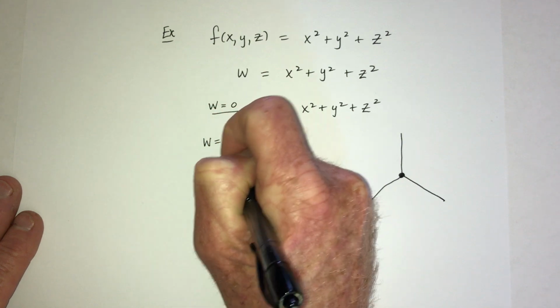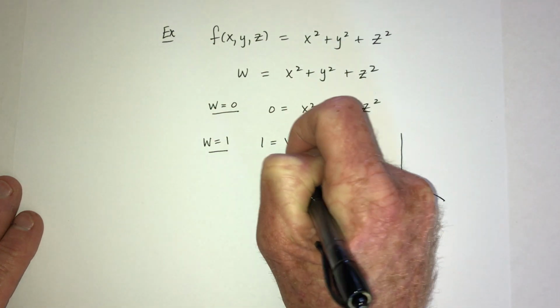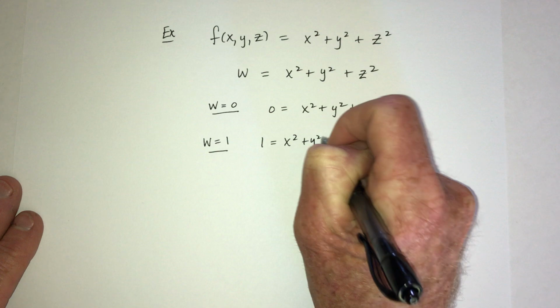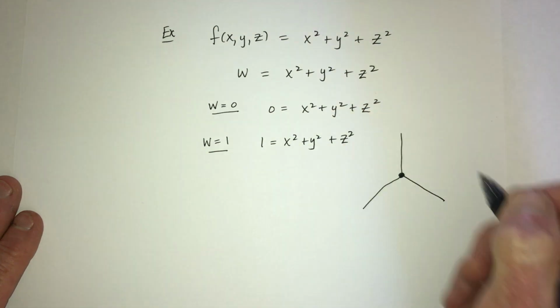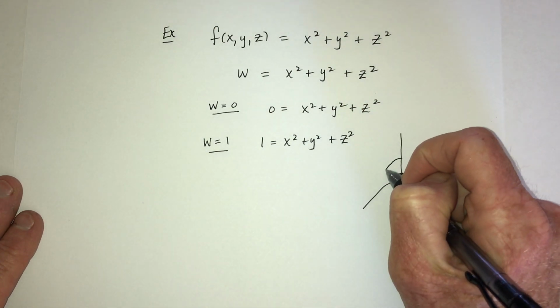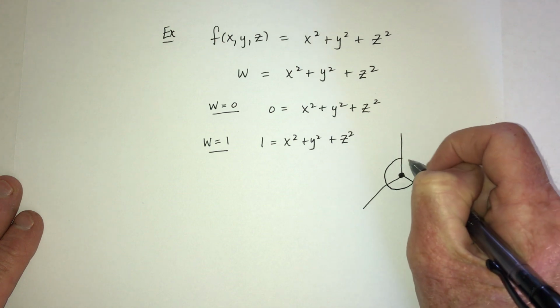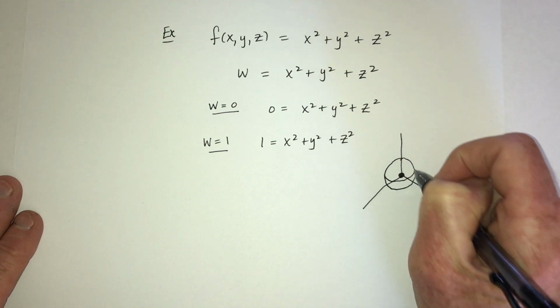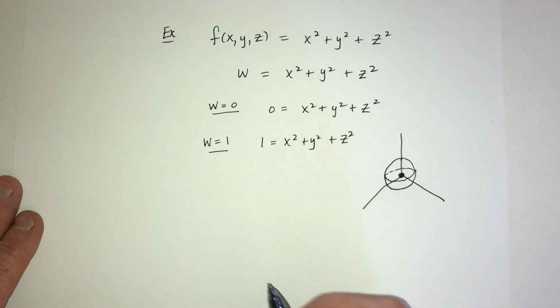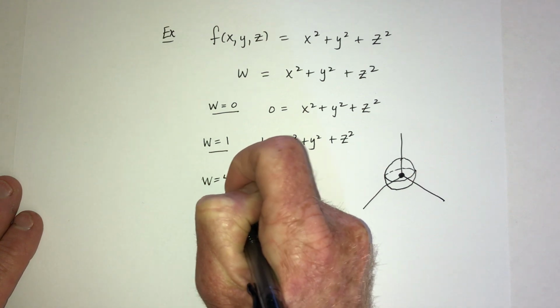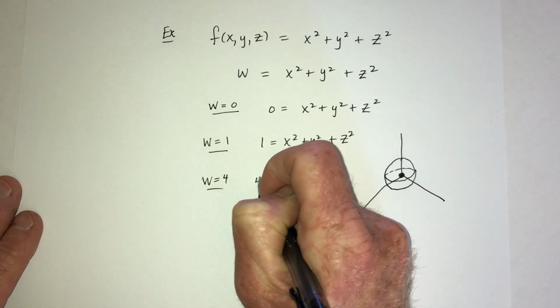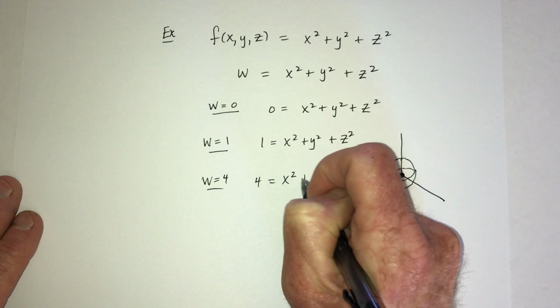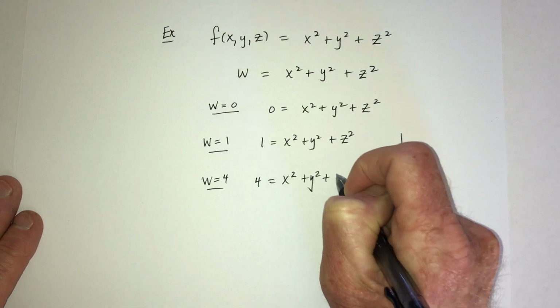If w equals 1, it's going to be 1 equals x squared plus y squared plus z squared. And then that is a sphere of radius 1. If you let it equal 4, then that's going to be a sphere of radius 2.